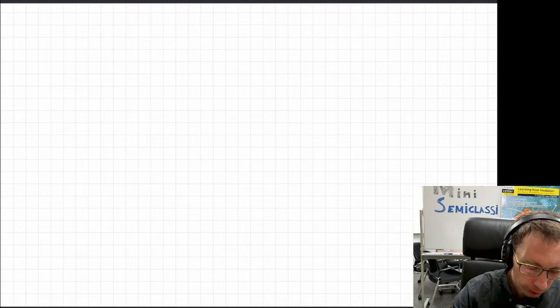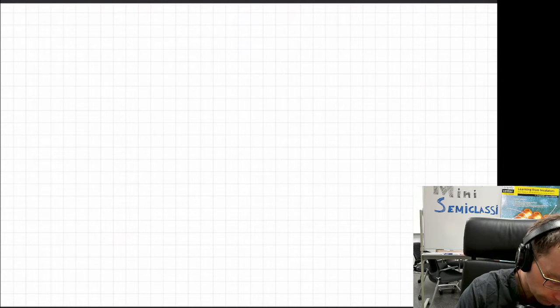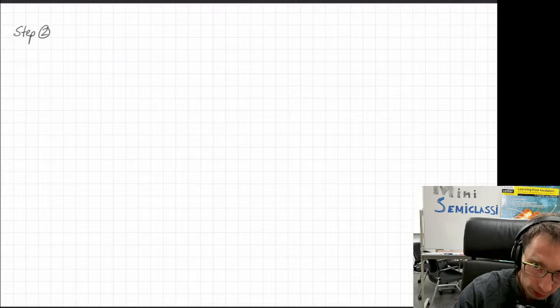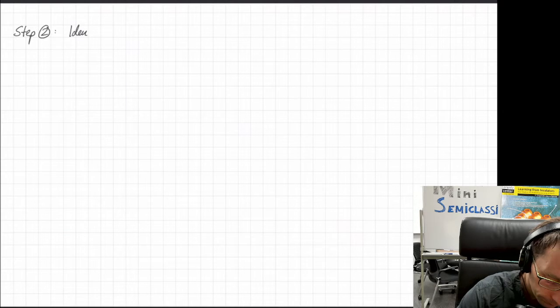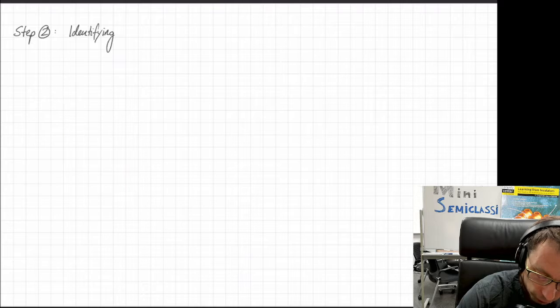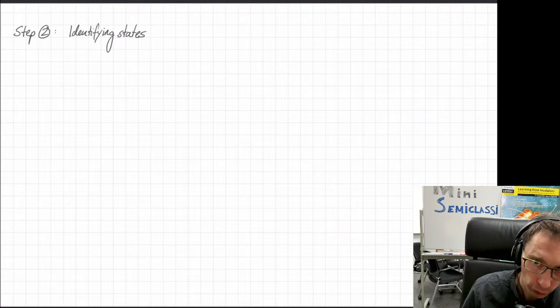So the second point that I would like to spend a little bit of time on is the identification of relevant states. And I think there are two natural conditions that come out of a careful reading of the wording.